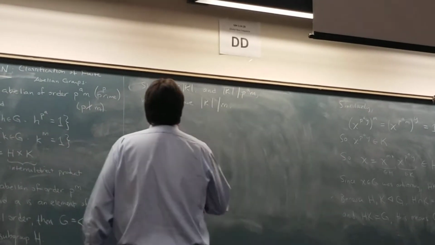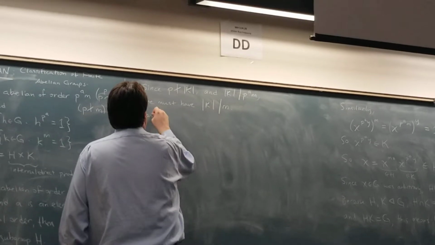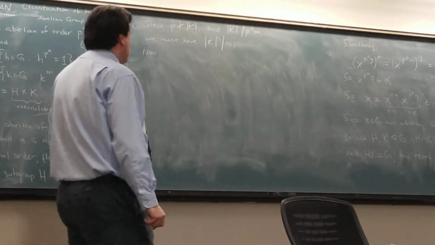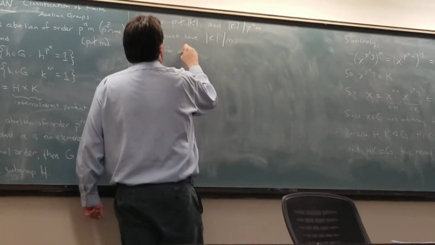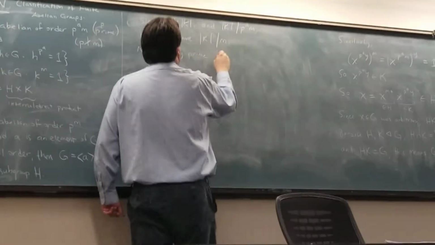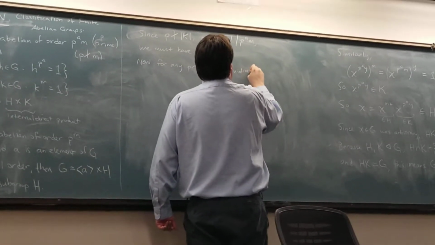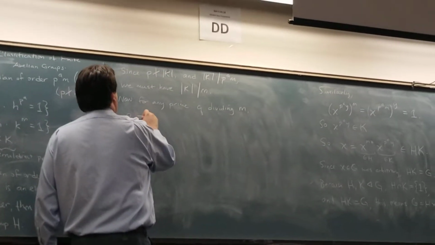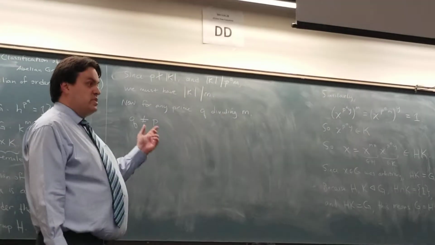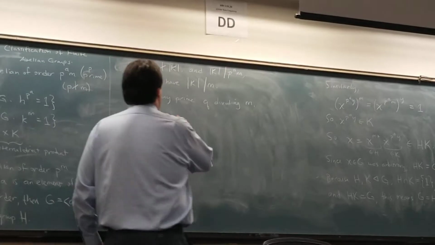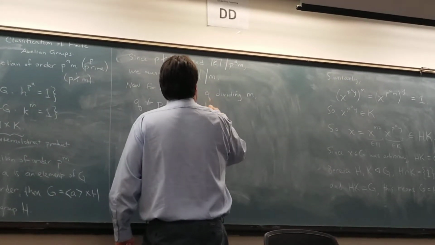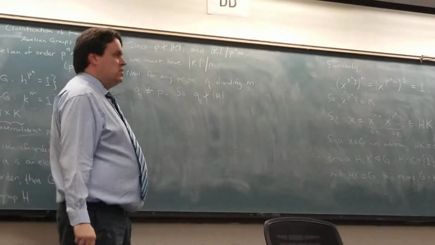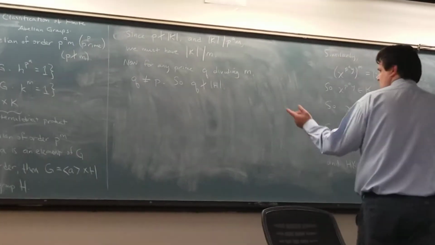Here's the other half. Okay. So now, I think Gauss has a slightly more elegant, sleek way of doing this, but I'm just going to write it this way. Now, for any prime q dividing M, q has to be not equal to p, because we already said p doesn't divide M. So q can't divide the order of H, and the reasoning is the same as what we did last time.